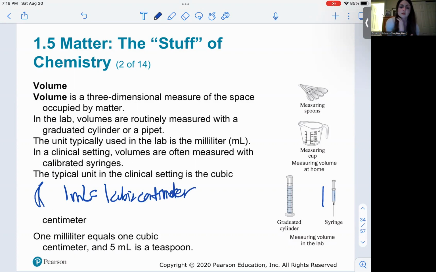But if you are a person who wants to be able to go back and forth, and if you need to give your child a certain amount of cough syrup, for example, in your kitchen jargon, you might refer to teaspoons rather than mils. And being able to go back and forth between those two ways of measuring, between household names and the metric system, can be an asset. For example, 5 mils is a teaspoon, right?